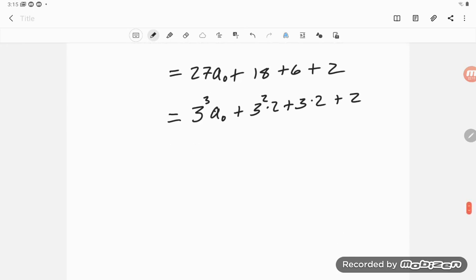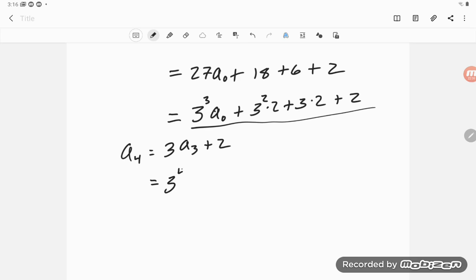And so if I look at it that way, when I go to a4, which is 3 times a3 plus 2, I'll multiply all of that times 3, so I'll get 3 to the 4th a0 plus 3 cubed times 2 plus 3 squared times 2 plus 3 times 2, and then I'll have that plus 2.